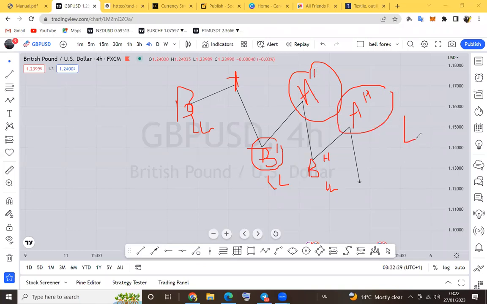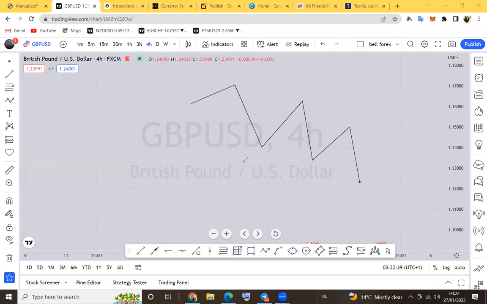That's why you're going to be hearing lower height, lower height, going down. That's where the definition comes from. Now, if these are the lower heights and these are the lower lows, as long as the lower lows get broken, the market continues in a downtrend.